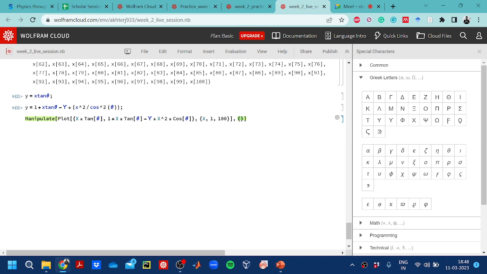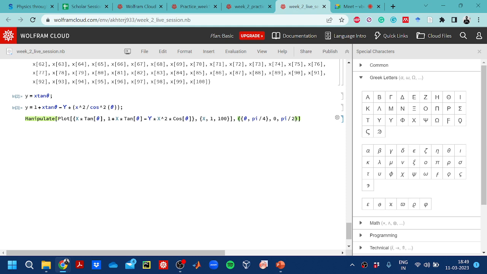So let us first manipulate theta, and suppose we will start from the value pi by 4. This is our initial value, and we will vary theta value from 0 to pi by 2.